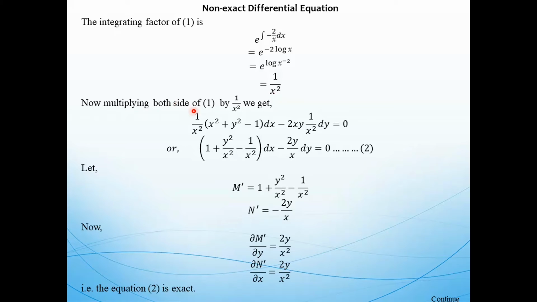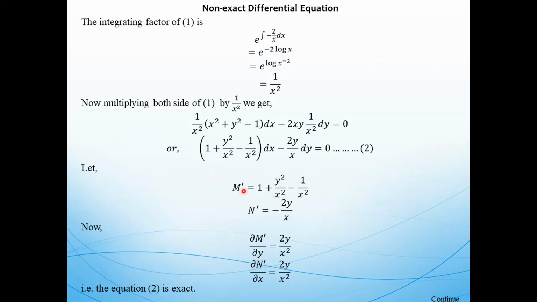Now multiplying both sides of 1 by 1 by x square, we get (x square plus y square minus 1) by x square dx minus 2xy by x square dy is equal to 0. Now simply calculate this, then we get (1 plus y square by x square minus 1 by x square) dx minus 2y by x dy is equal to 0.